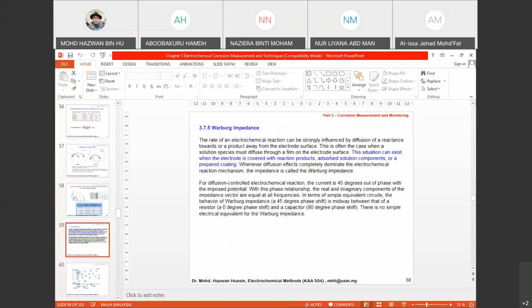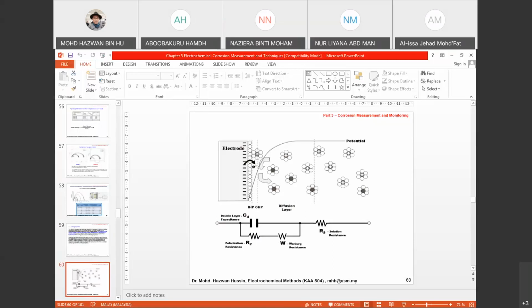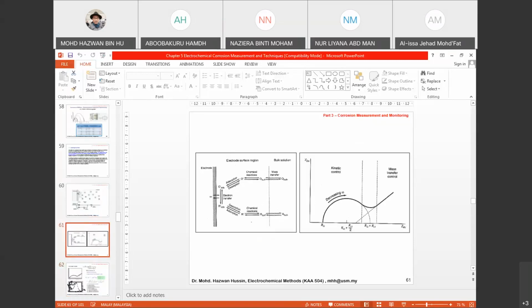Regarding Warburg, Warburg actually happens due to diffusion, okay? And diffusion is related with a difference in concentration gradient, that causes saturation, and when you have saturation, this triggers diffusion. How to indicate Warburg impedance is very easy, because from the Nyquist plot, it forms a semicircle, and then at the end, it forms a 45 degree linear increase.